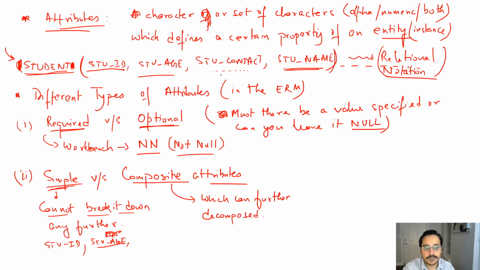Okay, so that means student contact information could be an example of a composite attribute, because if the contact is an address, okay, then you can further break down the address into street number, city, state, and zip code.